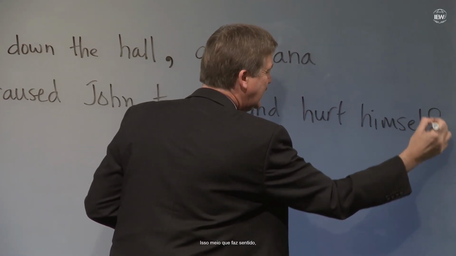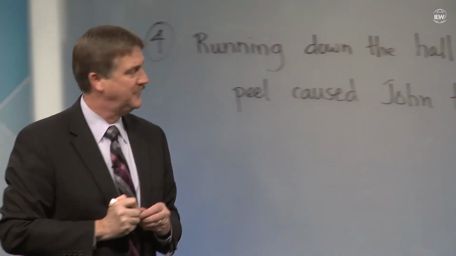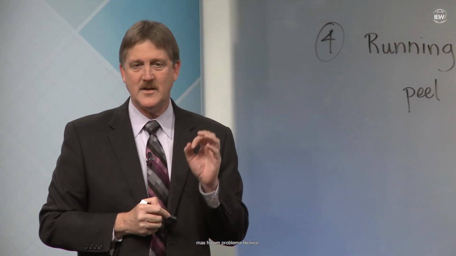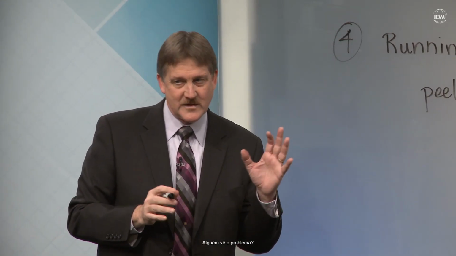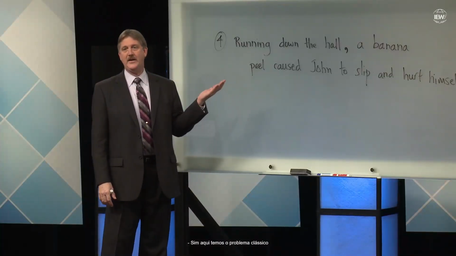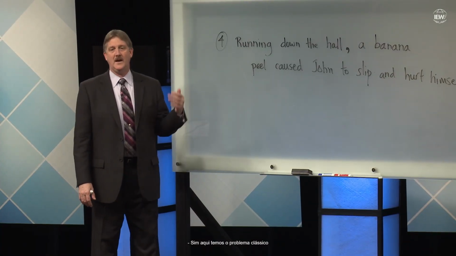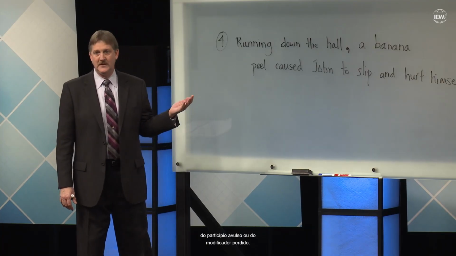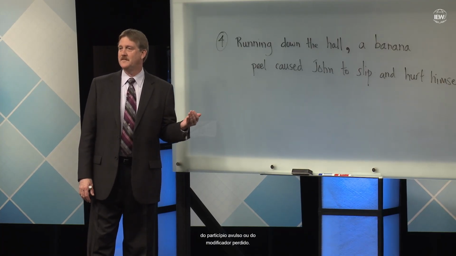Now, that kind of makes sense, but technically there's a problem there. Does anyone see the problem? Yes. We have here the classic problem of the dangling participle or the misplaced modifier.